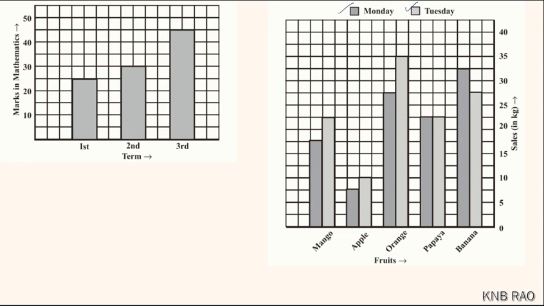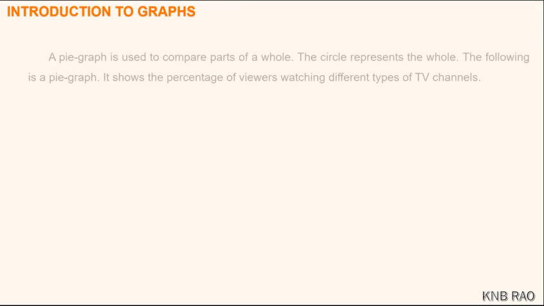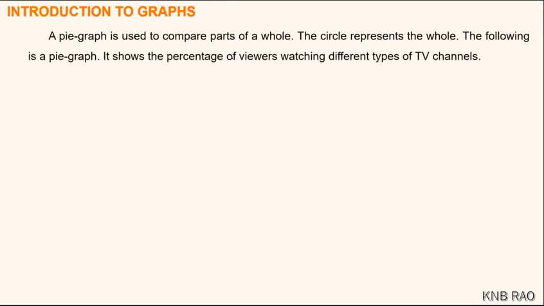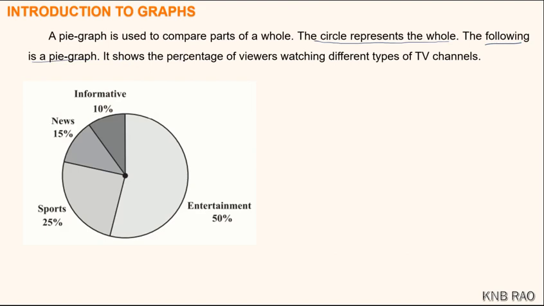Now, moving further, children, a pie graph is used to compare parts of a whole, as I have already mentioned to you. The circle represents the whole. Let us see, the following is a pie graph. It shows the percentage of viewers watching different types of TV channels in a locality.